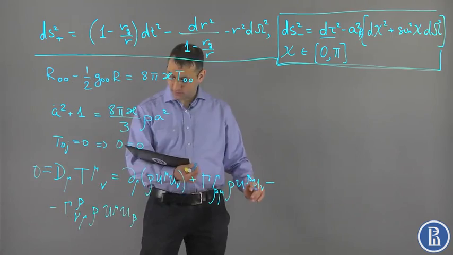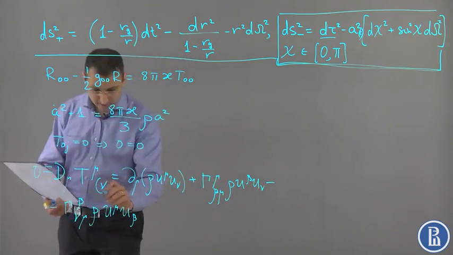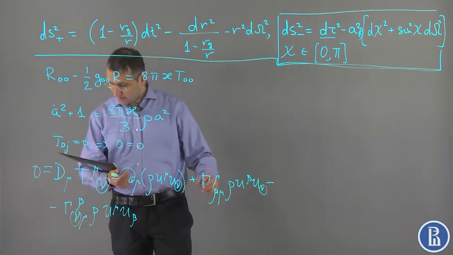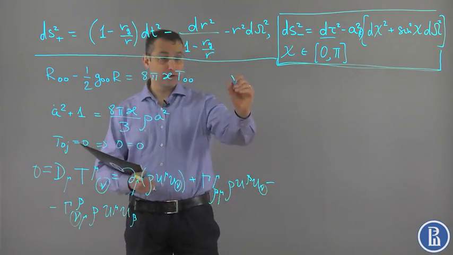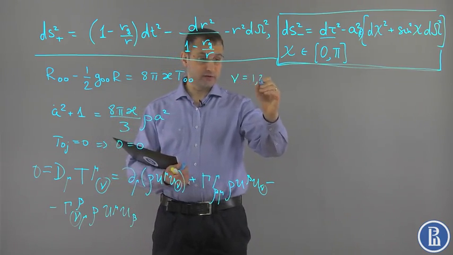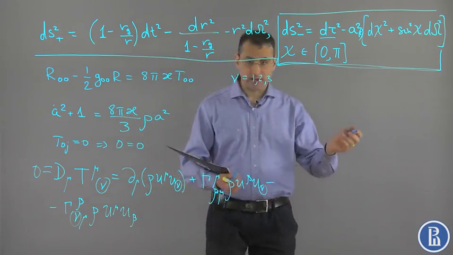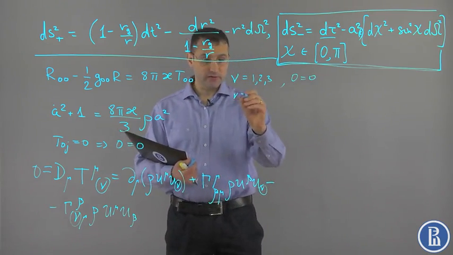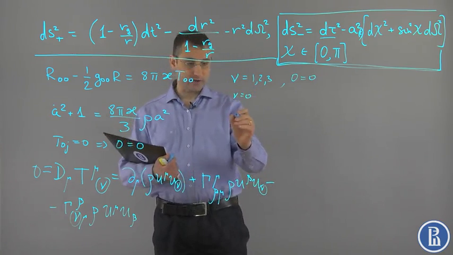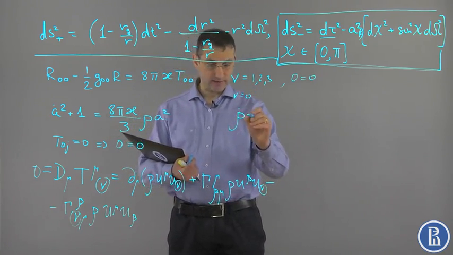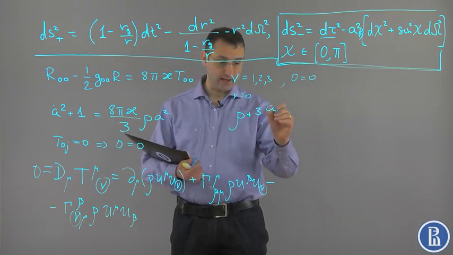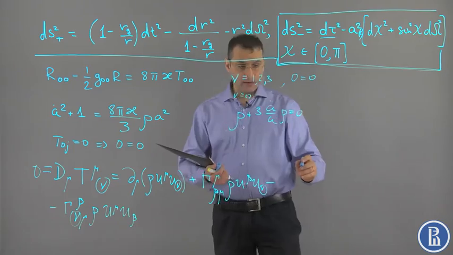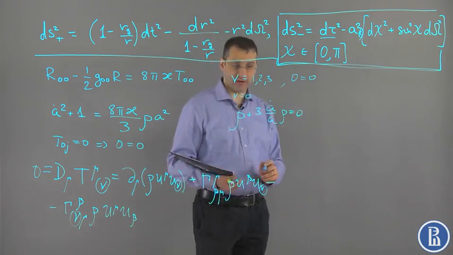And we have 4 equations, one for each value of nu. If nu is equal to 1, 2, 3, we again get trivial relations, 0 equals 0. While for nu equals 0, we obtain the following equation: rho dot plus 3 a dot over a rho is equal to 0, where rho dot is the time derivative of rho.